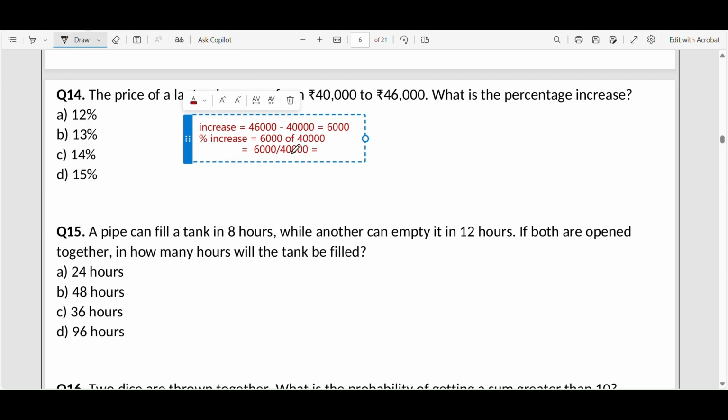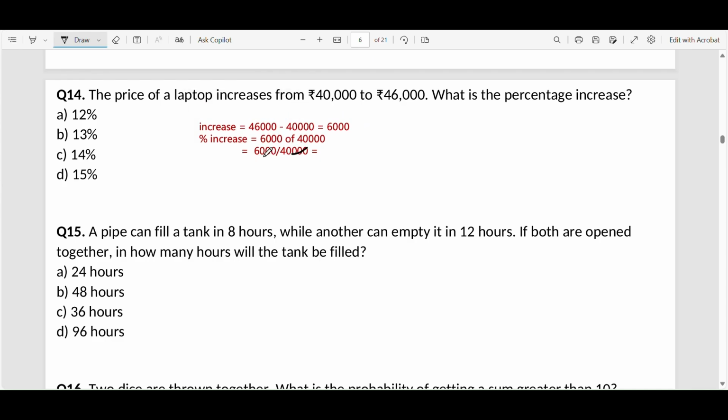Cut three zeros and cut three zeros here. See, we are having two threes and two twenties. 3 by 20. What is 3 by 20?